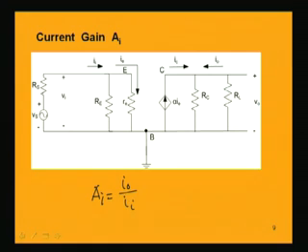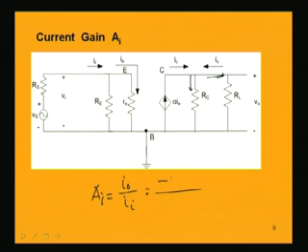Now, what is the output current I naught? Output current is again the part of the current which flows through R L, and this part of the current is coming from I C, but it is in the negative direction, because I C has one part here and the other part here. So, this part is just opposite to the conventional direction of I naught.